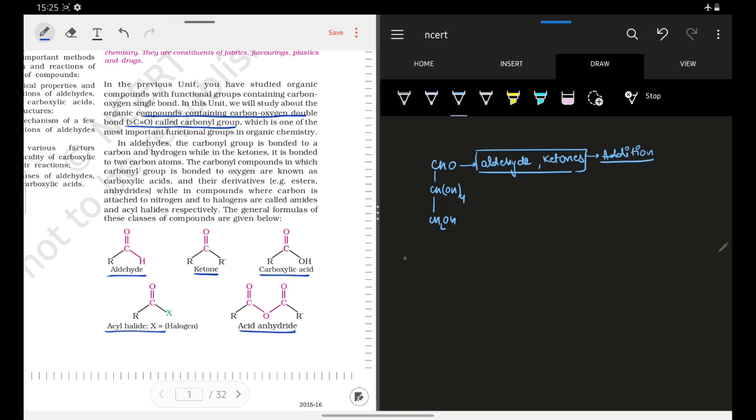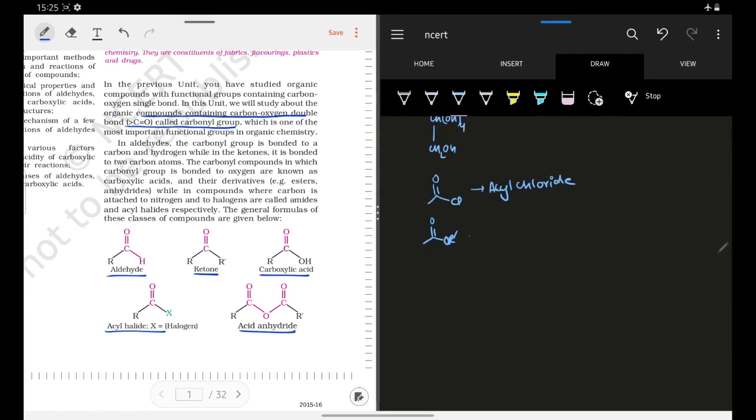Acid derivatives are, first of all, your acyl chloride, right? This is an acid derivative. Then you have your ester group, which is also an acid derivative.